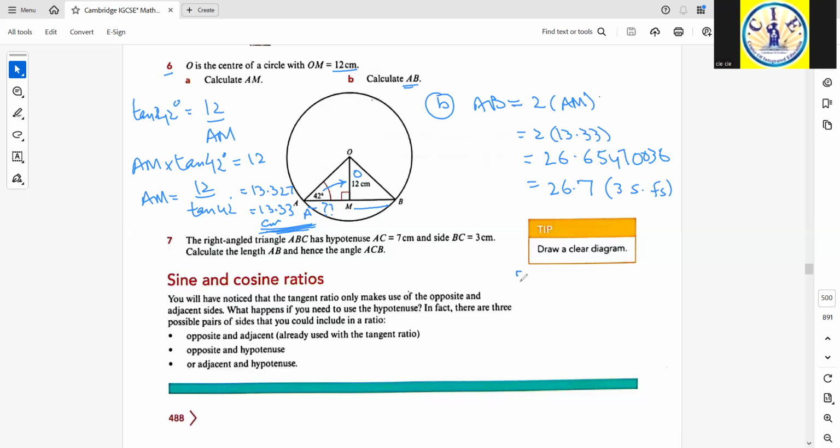Okay, now it's question number 7. The right angle triangle ABC has hypotenuse AC equals 7 centimeters. Okay, let me draw a right angle triangle like this.